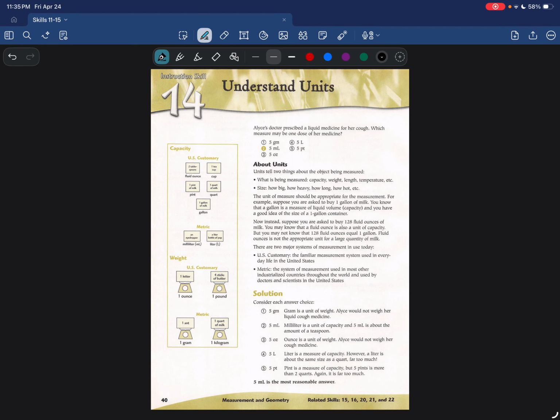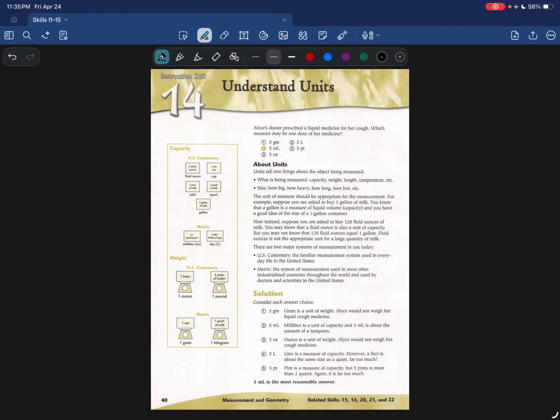So we're talking about the height of a baby or the length of a baby. 2.1 meters is the correct answer. That is a little bit over 6 feet. Not much, but a little bit.